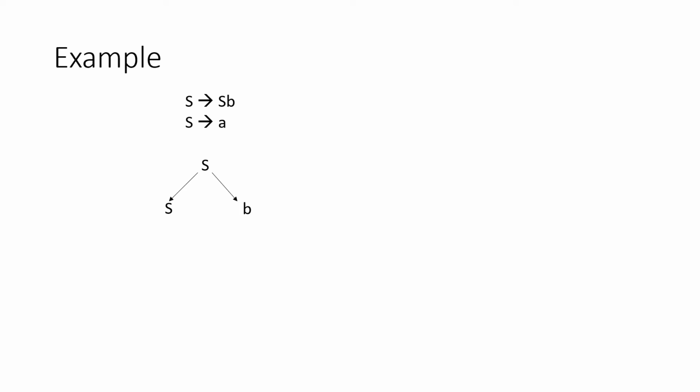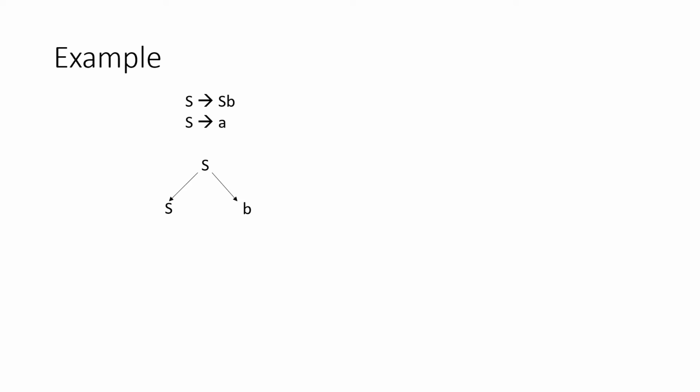Now using these two production rules in some particular order, you can generate some string, and the set of all strings that can be generated from this grammar will reflect the language that is generated from this grammar, right?